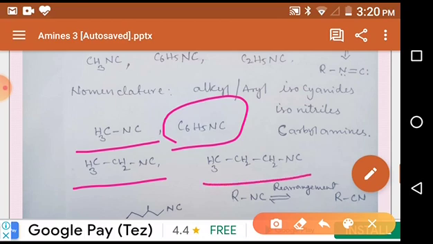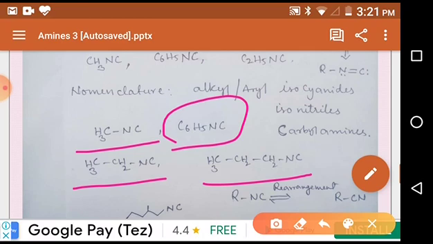Propyl isocyanide, or propyl isonitrile, or propyl carbylamine. So this is the naming system of isocyanides.